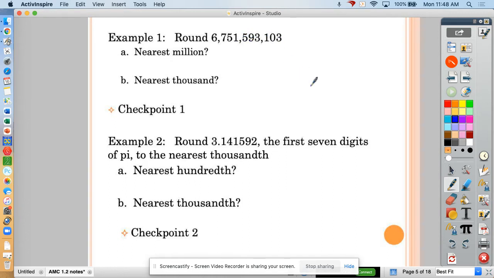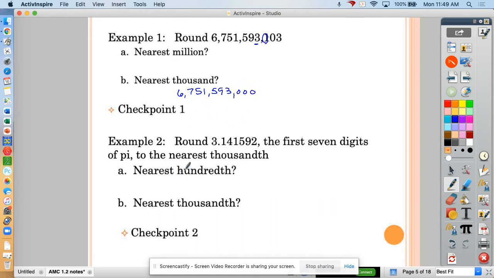Okay. If we looked at the thousands, the 1,000 spot is here for the 3. We're looking at the 1. So we would get 6,751,593 because it doesn't change it, and then 0, 0, 0.